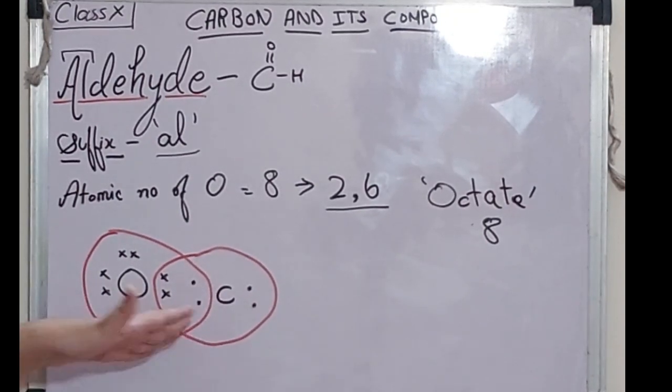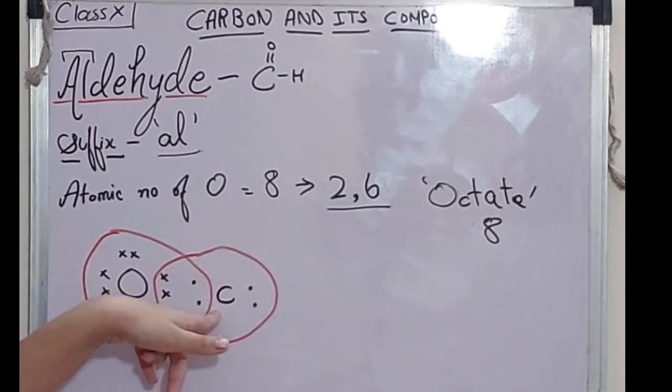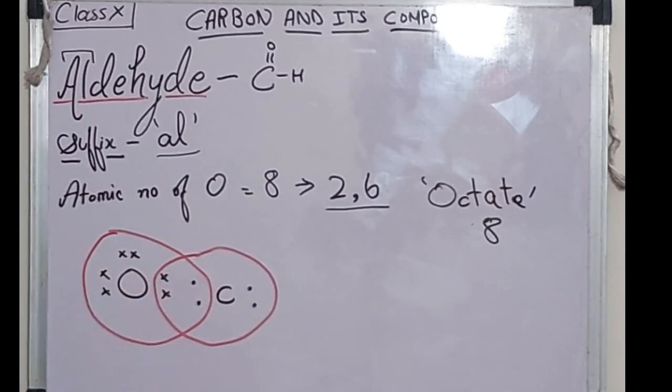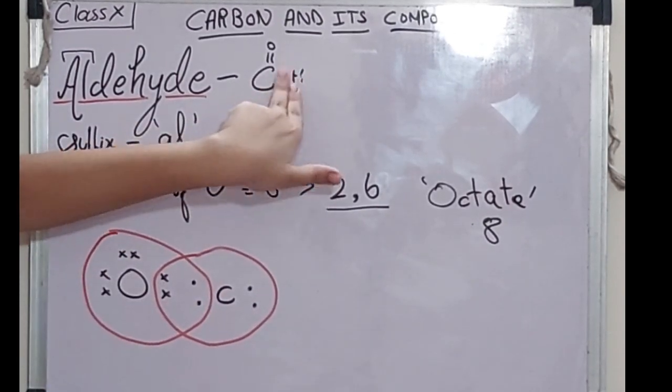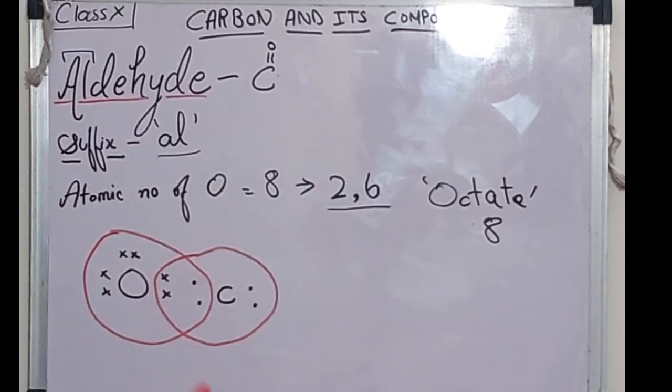So obviously we need to form more covalent bonds with carbon to valence it. But this is how it looks when carbon has a double bond with oxygen. They both are sharing 2 electrons each. By sharing 2 electrons, the valency of oxygen gets completed.